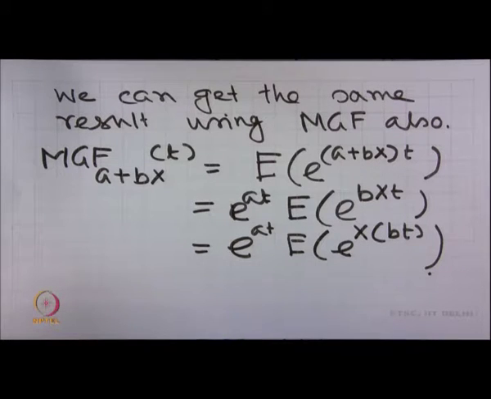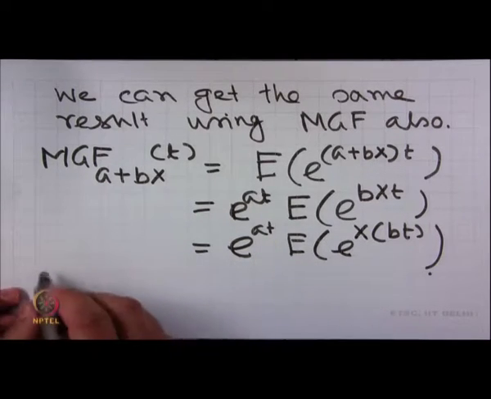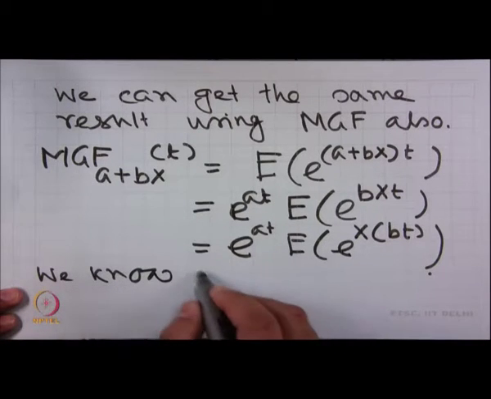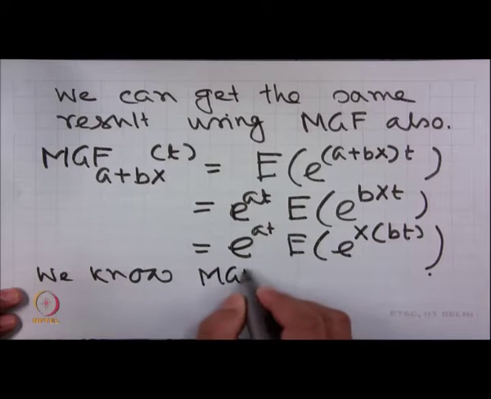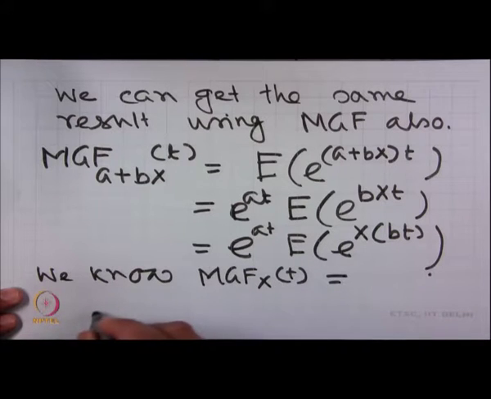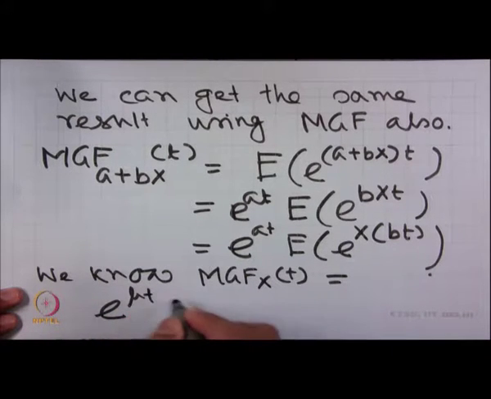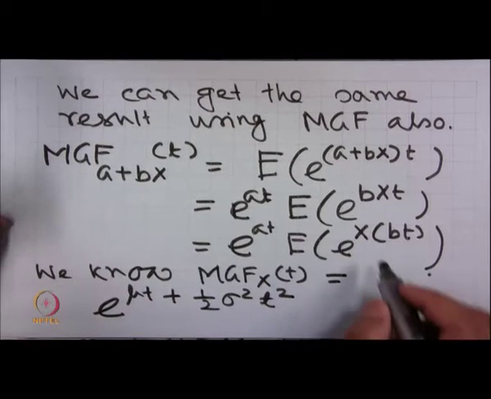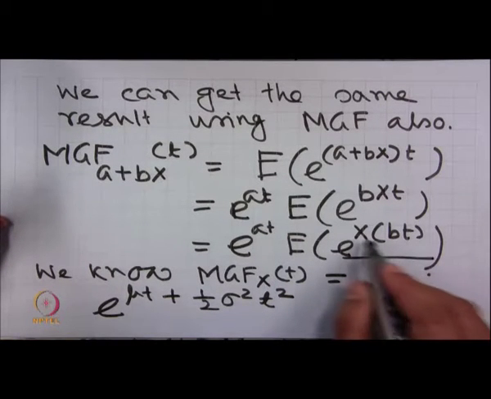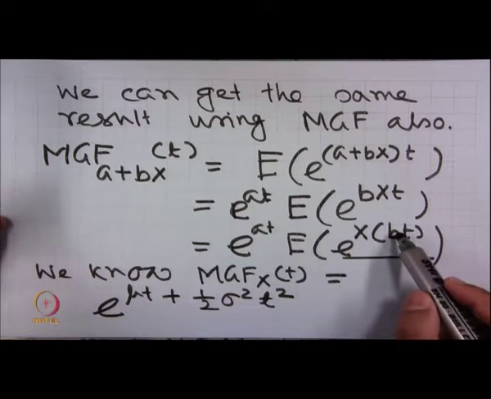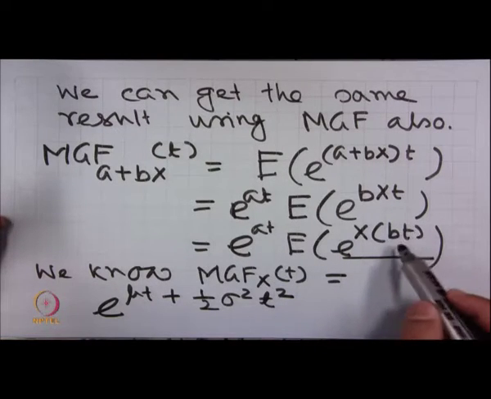Now, we know that the MGF of a normal variable is e to the power mu t plus half sigma square t square. If we look at the term, we can find that it is basically the same term with t replaced by b t.